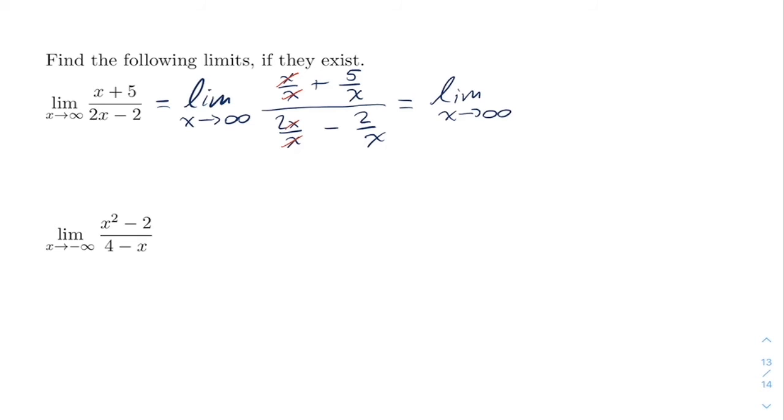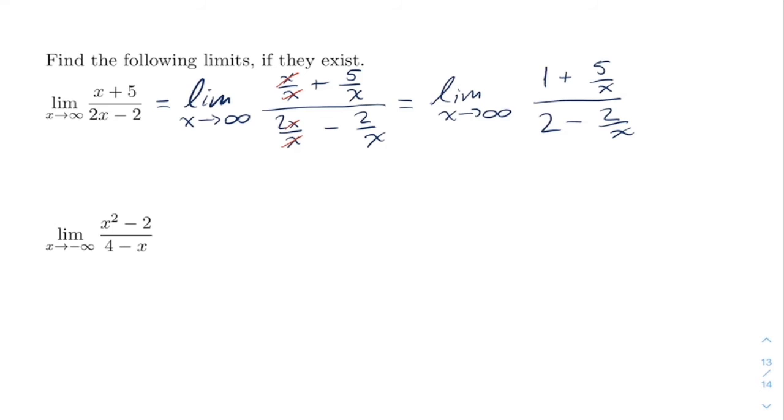So we can simplify this and this to obtain the following. The limit as x goes to infinity of 1 plus 5 over x divided by 2 minus 2 over x. And now we have a sum of limits that we know how to compute. So we know that the limit of the constants will be just the constant, and the limit of these two things will be 0.